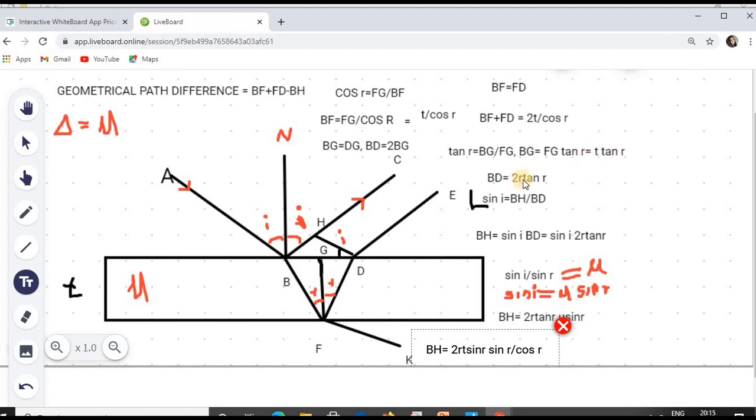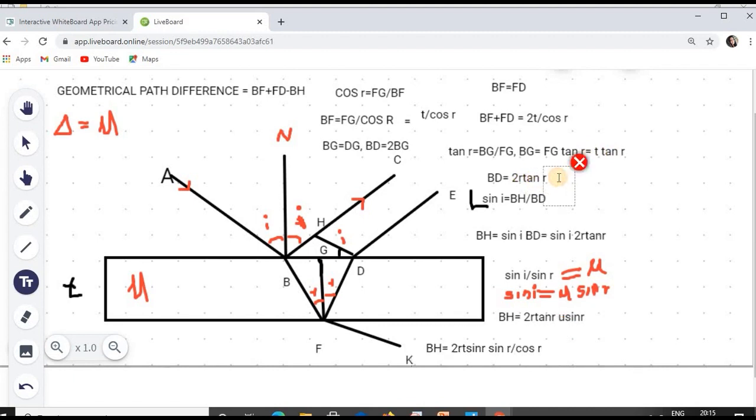So this is a mistake I made here. It is not r actually, it is 2t tan r. What I have written is 2r tan r, but it's not 2r tan r, it is 2t tan r. Just change it.